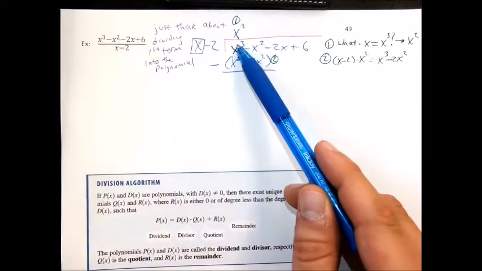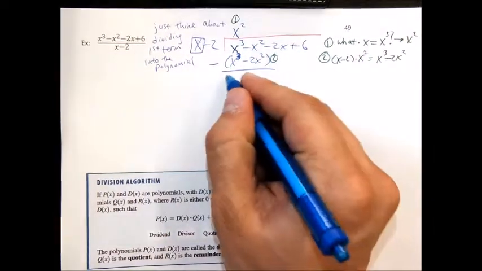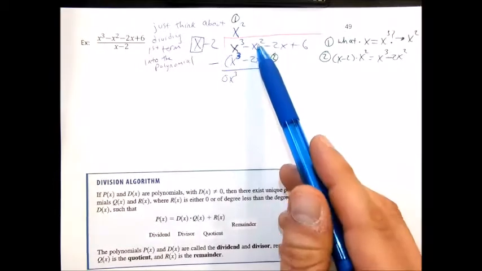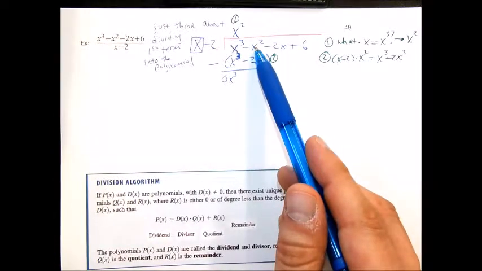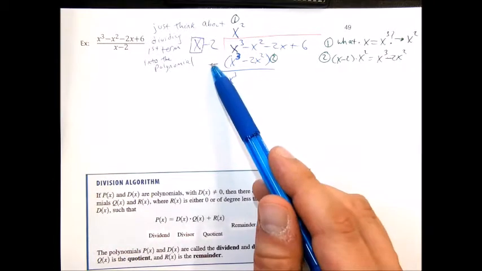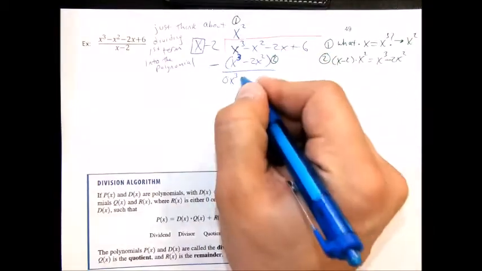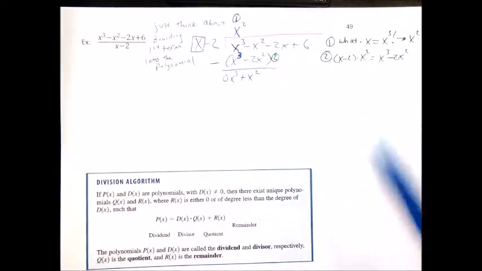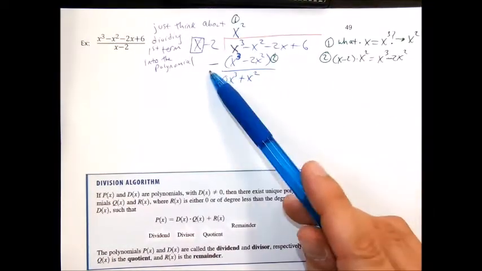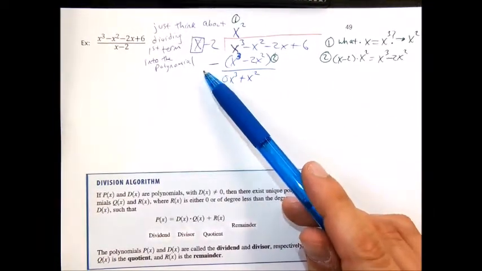So x cubed minus x cubed is 0x cubed. But then minus 2x squared, subtracting a minus 2x squared, makes it a plus. And we end up with a plus x squared. Super important. Just write parentheses around it and a minus sign, and it'll help you remember to do that. I can't stress that enough.